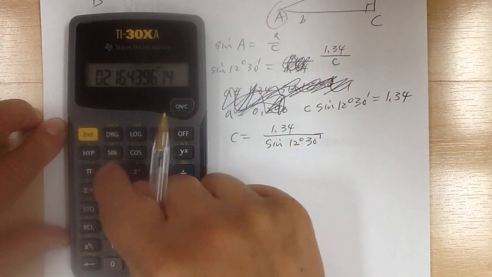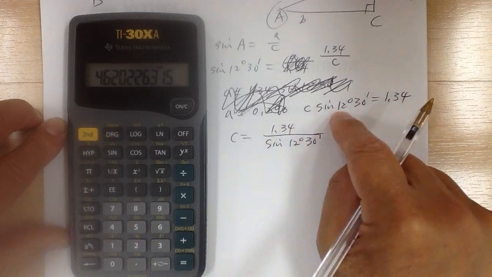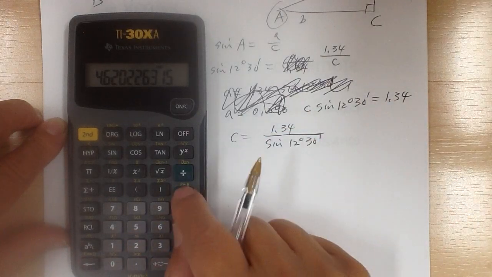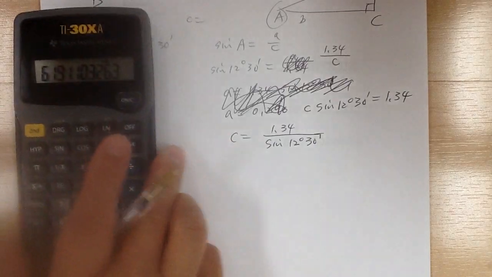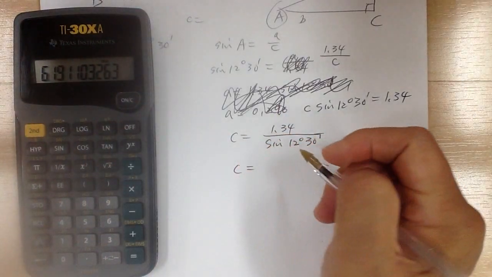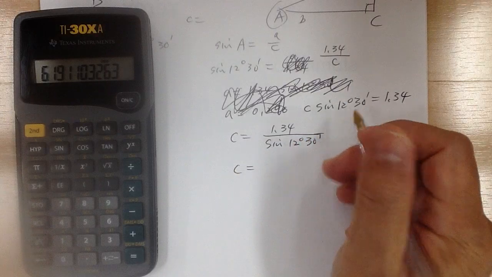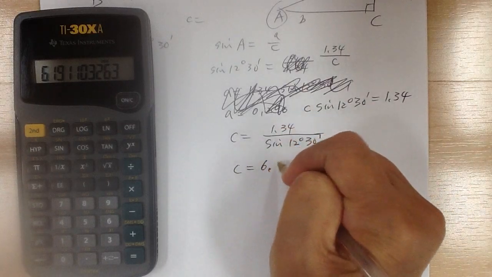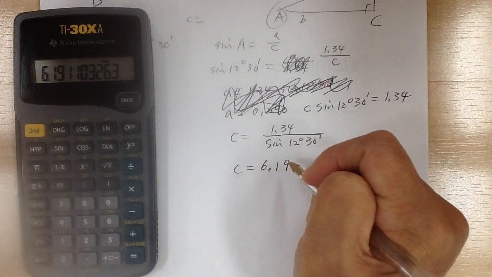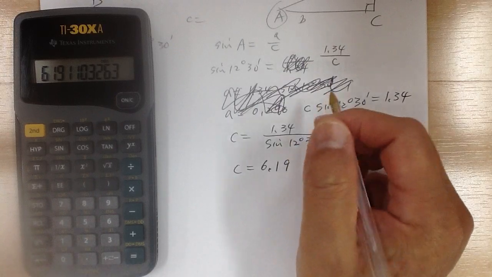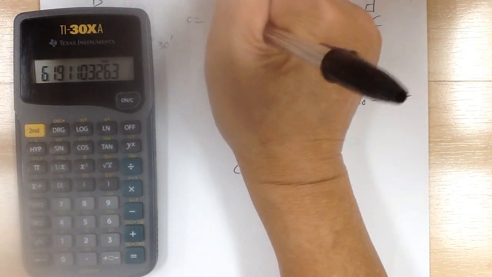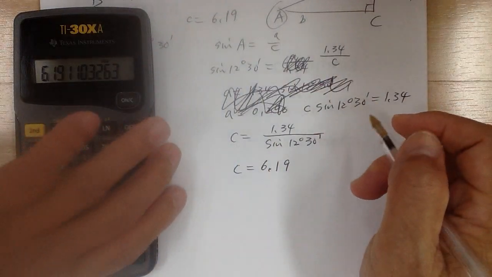So I'm going to do 1 over x. So flip it over and I have to times it by 1.34. So TI is kind of a little bit primitive, so it's a little bit tricky when you have this kind of situation. So you got 6.19. And so C equal to 6.19. There you go.